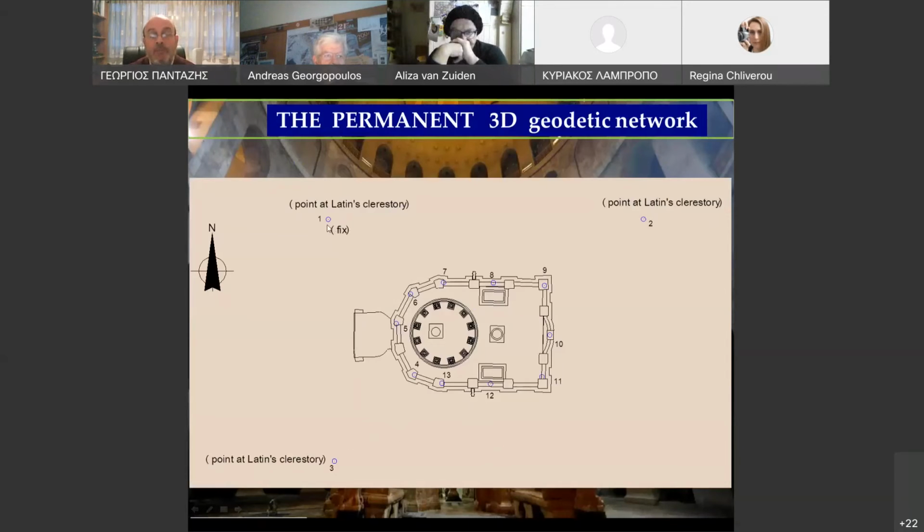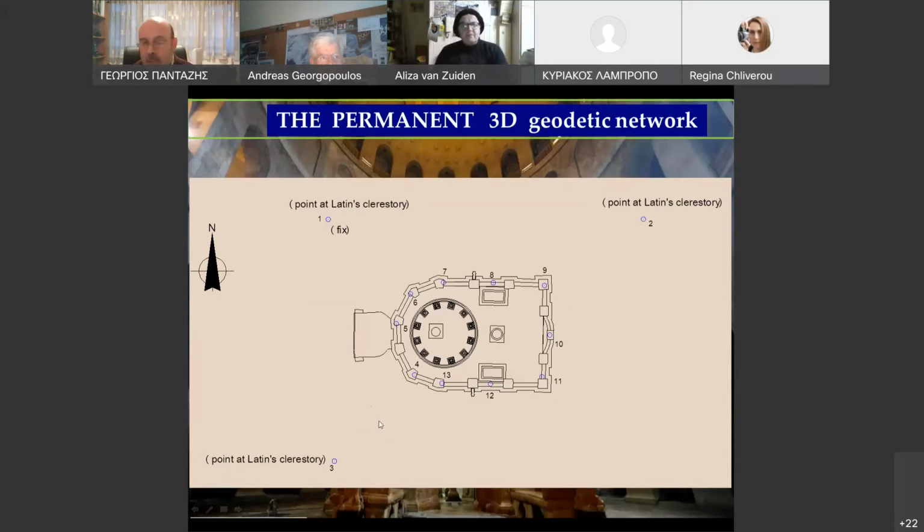These are the 3 points of the rotunda, and all the other 10 points, of course, are on the roof of the Holy Edicule. One of these points is the fixed point, point 1, and the other points were used in order to determine the displacements or the deformation.